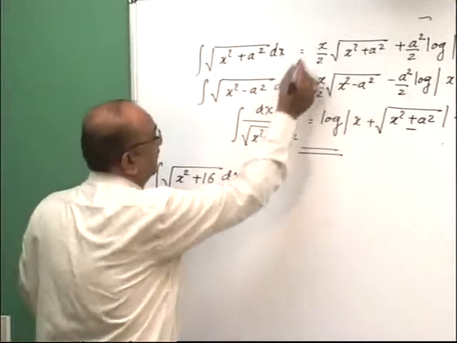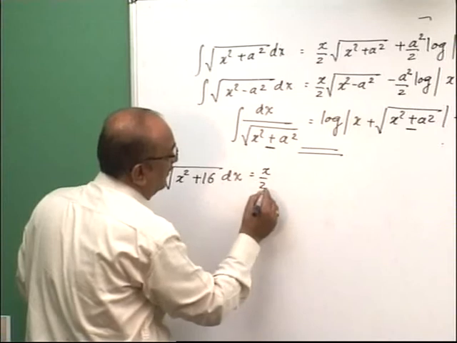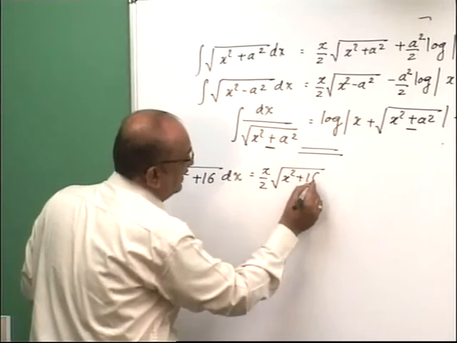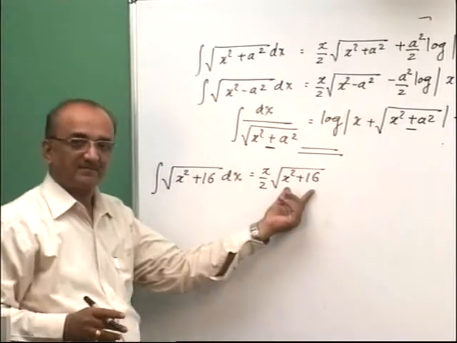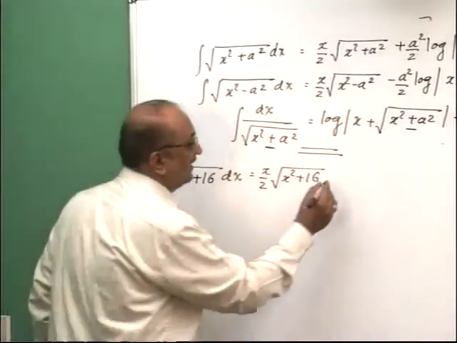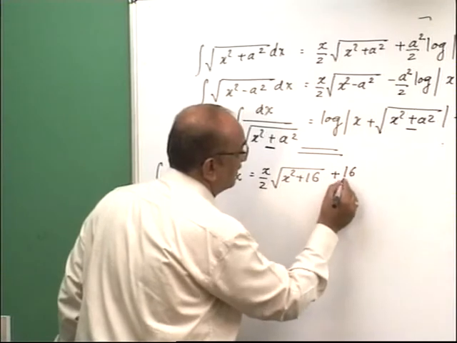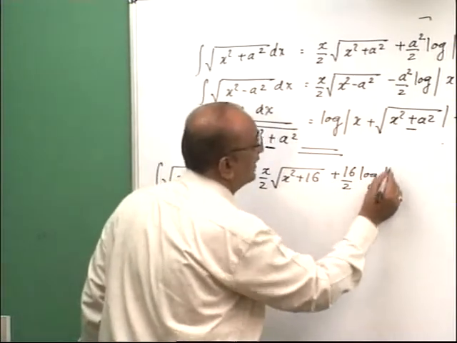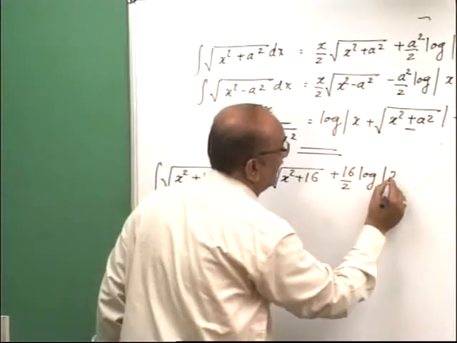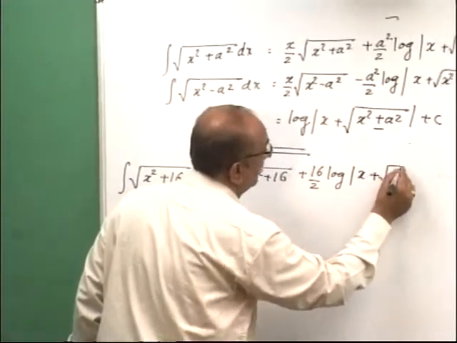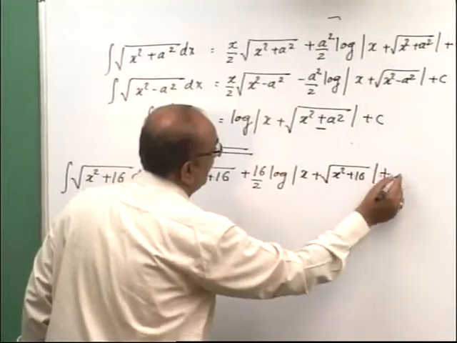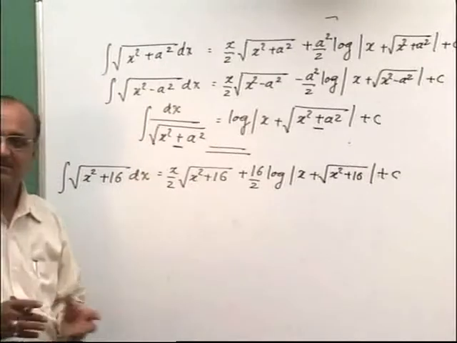What do you write now? x by 2 into square root of x squared plus a squared, which means x squared plus 16, plus a squared, which is 16, by 2 into logarithm of modulus x plus square root of x squared plus 16, mod complete, plus c.